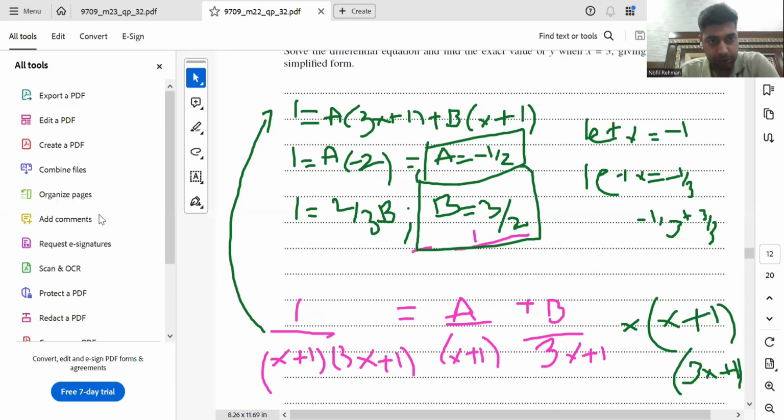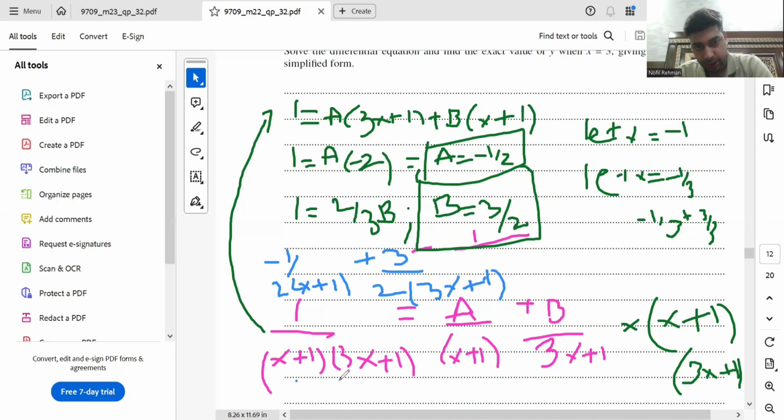Now putting it back into the original equation, we will get A over (x plus 1), where the value of A is minus 1 over 2, plus 3 over 2 times 1 over (3x plus 1).